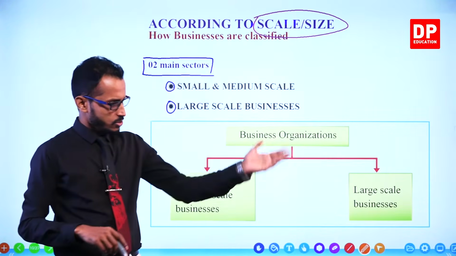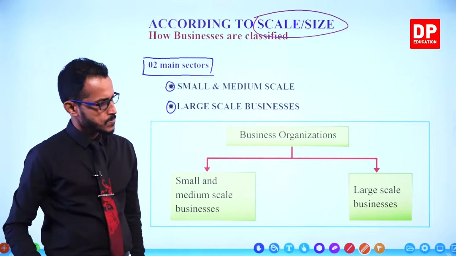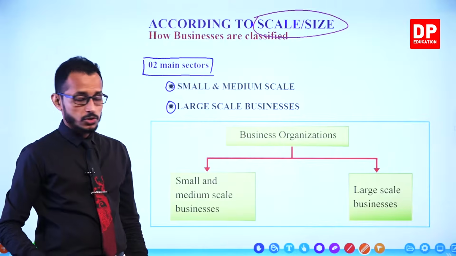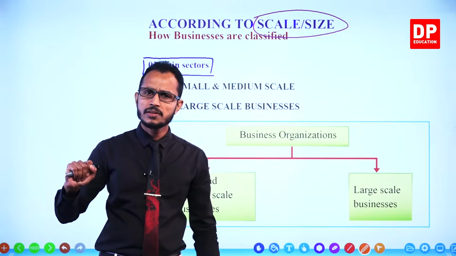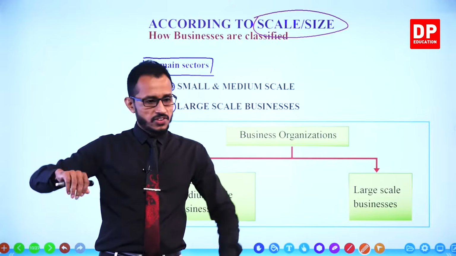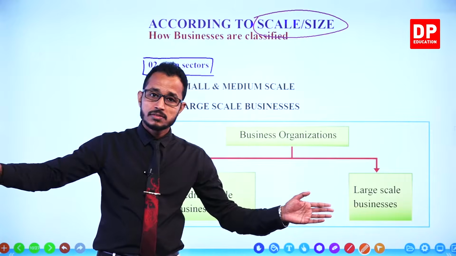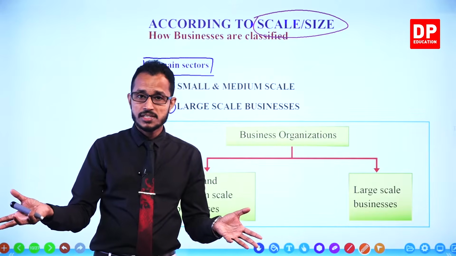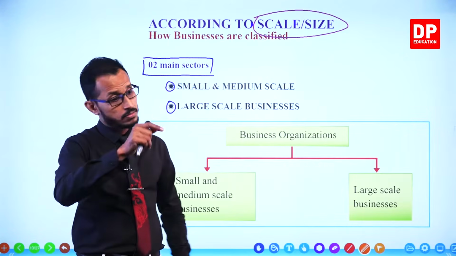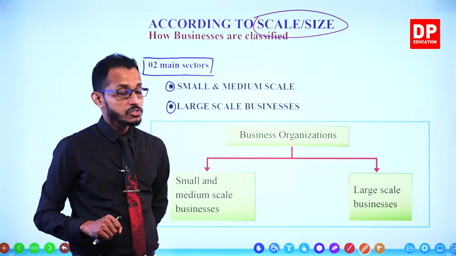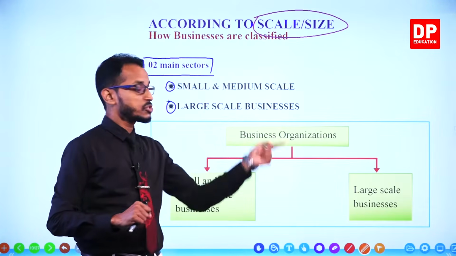Do you just look at the size of the shop or the outlet? Or you just look at the factory or the land on which the factory is situated? If it is a large factory or a land, the premises of the organization is a little bigger, you say that's a big organization, so that should go to the large scale category.